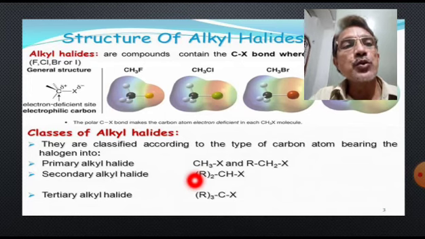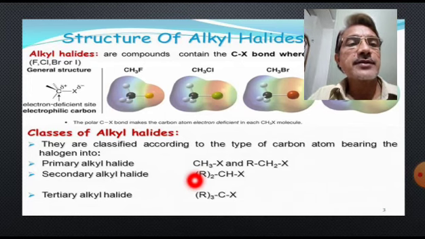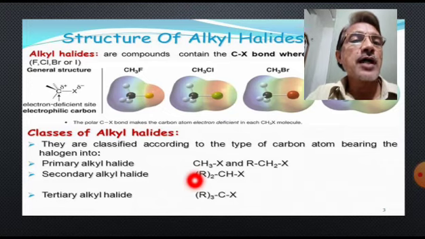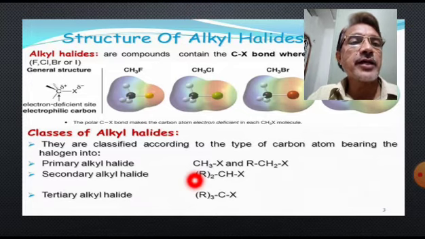Because in these two alkyl halides, the halogen X atom is bonded to a primary carbon. A primary carbon is the carbon which is bonded to only one carbon atom. So, since the halogen atom is bonded to a primary carbon, these two are examples of primary alkyl halides.